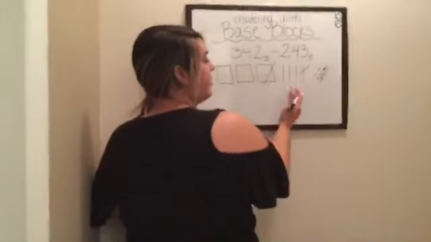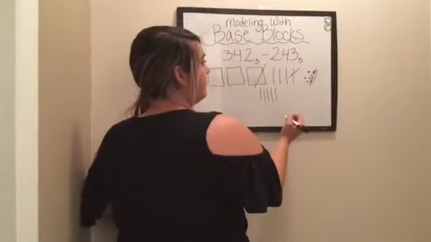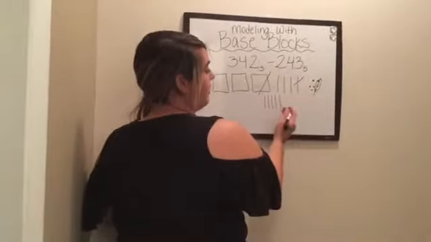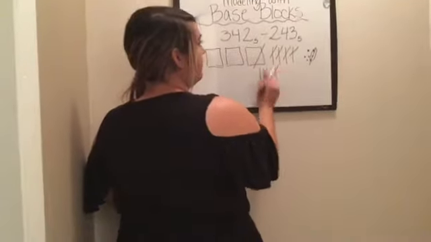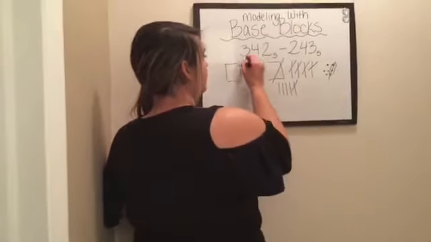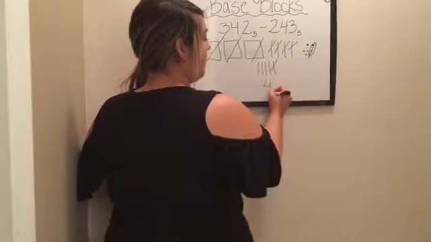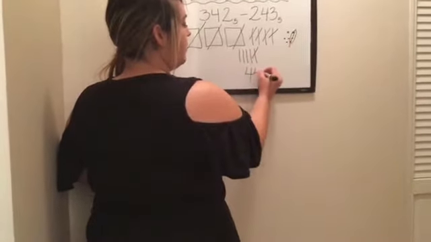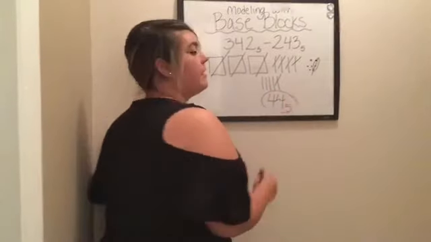A flat is broken into 5 rods. Now we can subtract our 4 rods. 1, 2, 3, 4. Now we subtract 2 flats. So what are we left with? 4 rods, 4 units in base 5. And there's your answer.